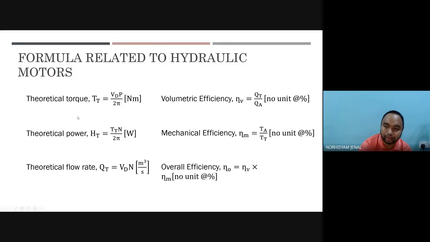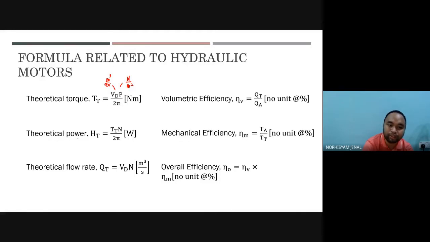And as usual, when you have formula related to this hydraulic condition, we will have this formula again. The same as pump, you have theoretical torque. So VD should be in meter cube per revolution. Pressure should be in Newton per meter square. So you multiply these two divided by 2 pi, you'll get in terms of Newton meter, the theoretical torque.